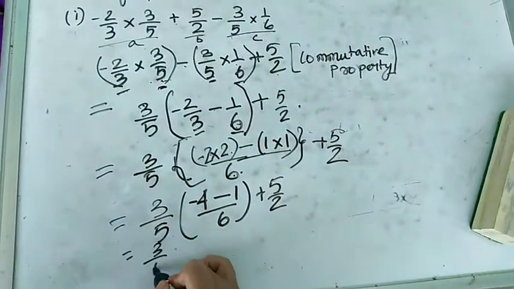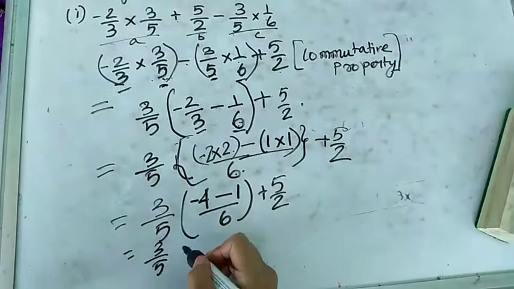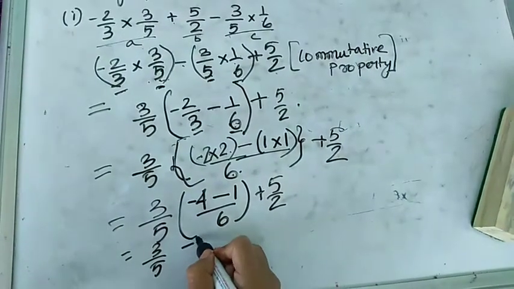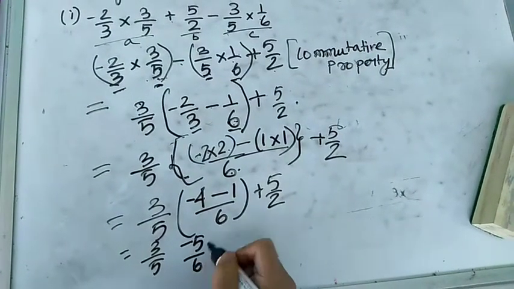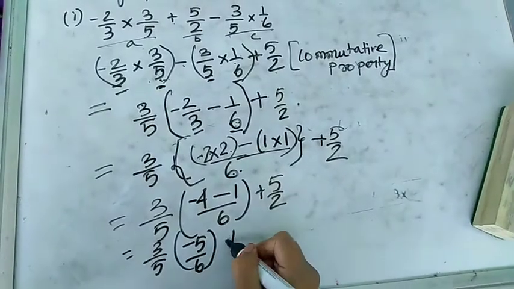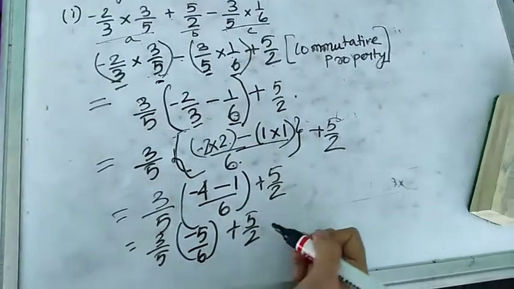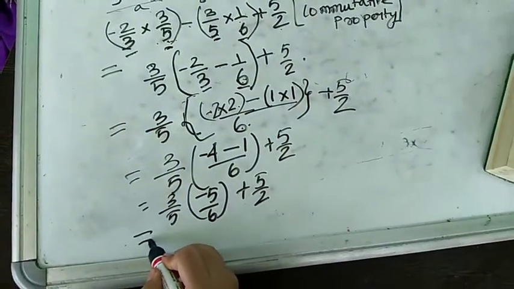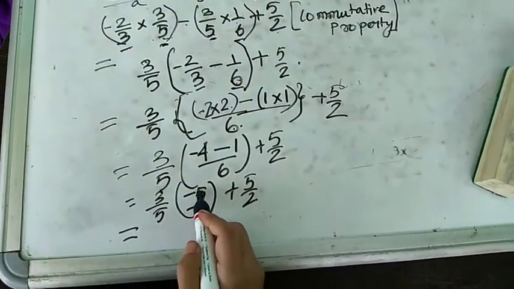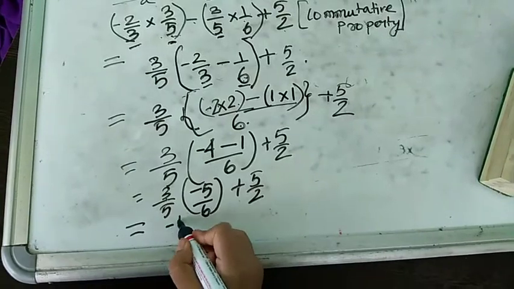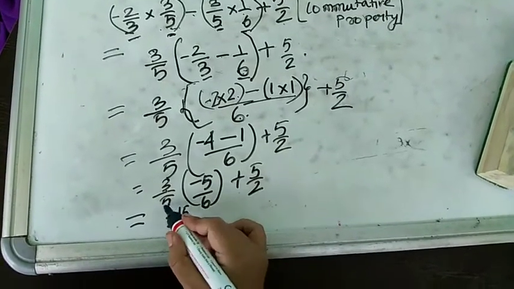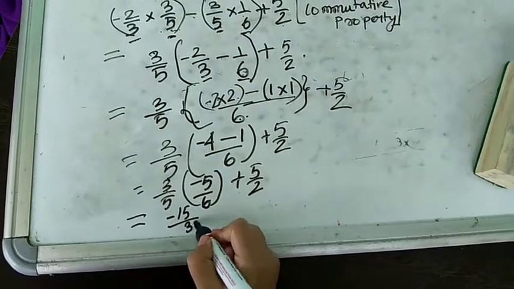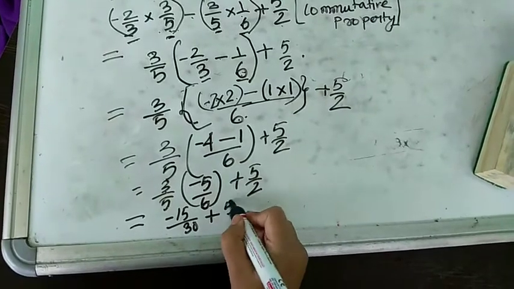Now in the bracket, minus 4 minus 1 gives minus 5 divided by 6 plus 5 by 2. That is equal to 3 into 5 is 15, minus 15, and 5 6s are 30, plus 5 by 2.